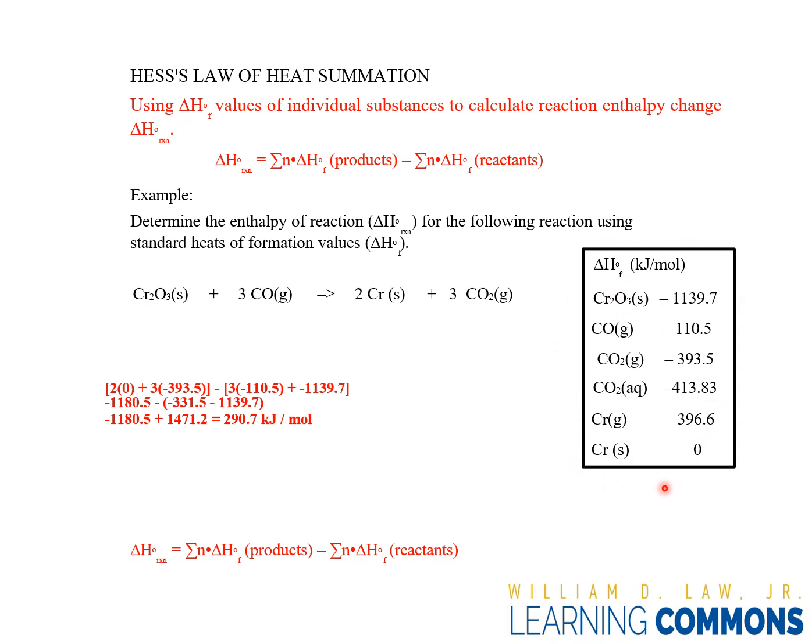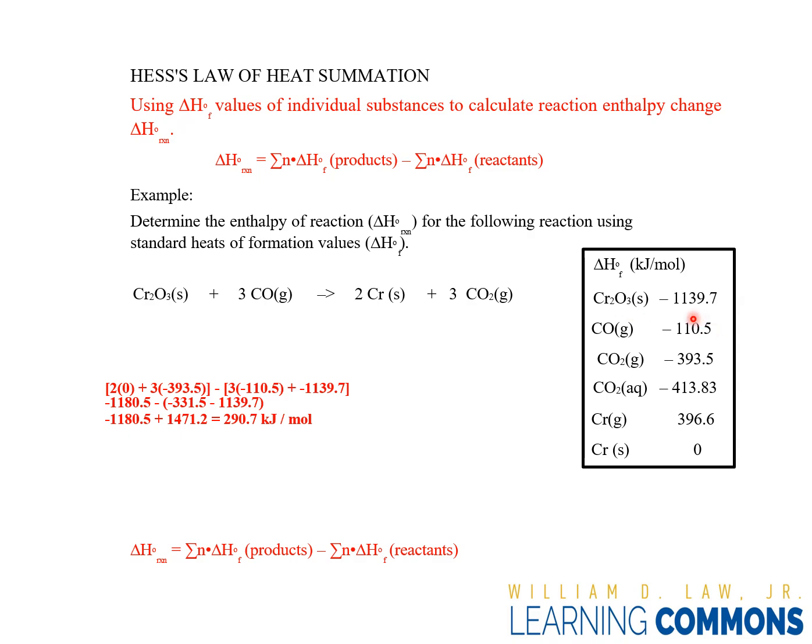If you see this reaction, dichromium tetraoxide reacts with carbon monoxide, and they give me chromium and carbon dioxide. They also give me the delta H formation for the dichromium tetraoxide, in the reactants.